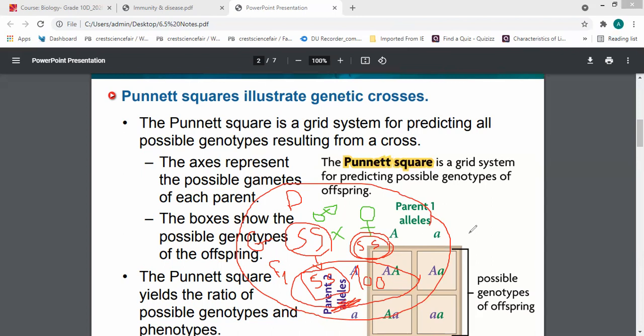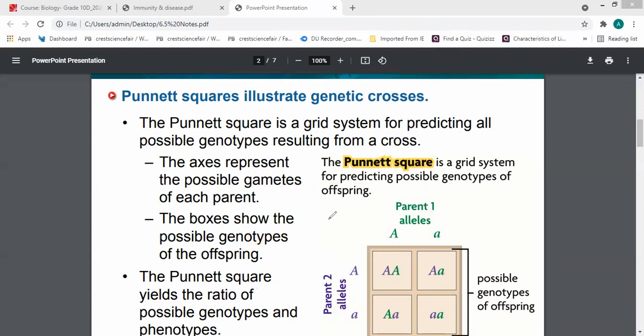The first point: the mating between two parents, homozygous, one dominant and the other recessive, produces 100% heterozygous dominant in the first generation, like this. The other example is two parents, one heterozygous and the other homozygous. The homozygous one will be recessive, the heterozygous one dominant.